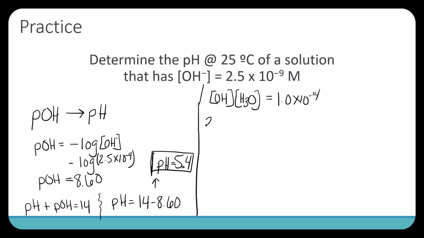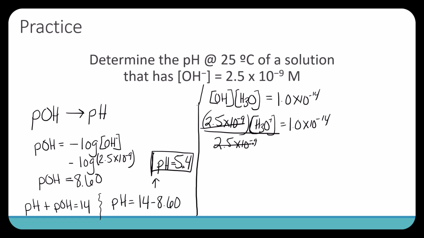So we could plug in the hydroxide concentration, keep the hydronium, and solve for hydronium. To get hydronium by itself, divide by 2.5 times 10 to the negative 9th. Whatever I do to the left side, I also have to do to the right side.